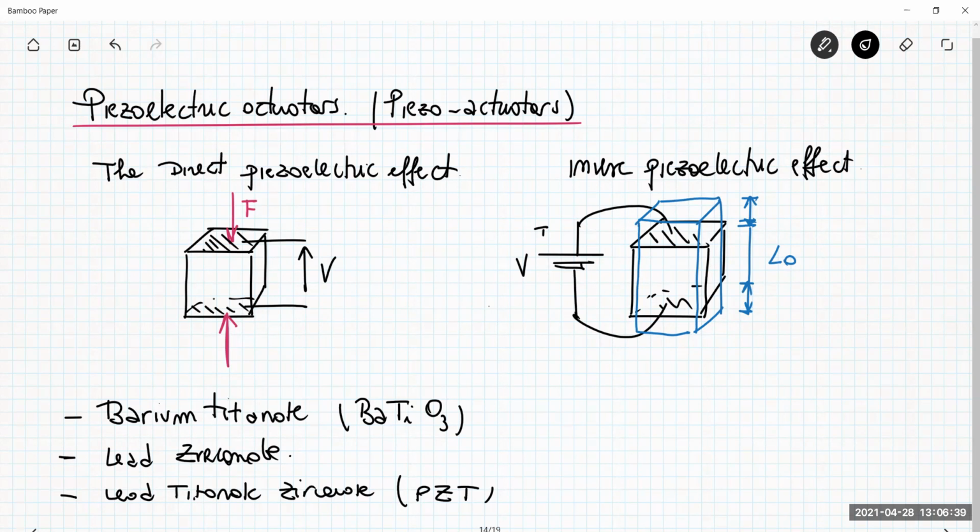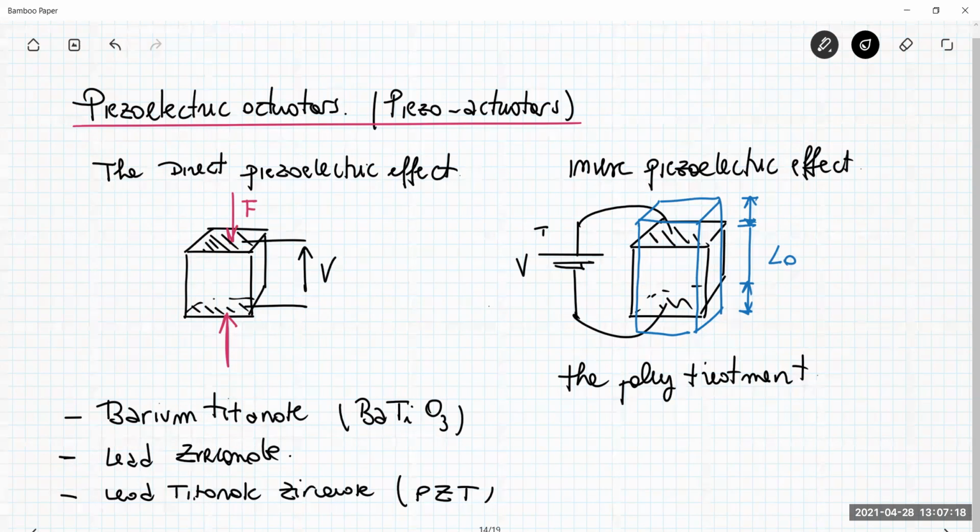In order to enhance this effect, the materials are subjected to a specific process that is called the poling treatment. Basically, it means that you have to expose this material to a very strong electric field at a temperature which is below what is called the Curie point. The Curie point is the temperature at which the material loses the piezoelectric properties.